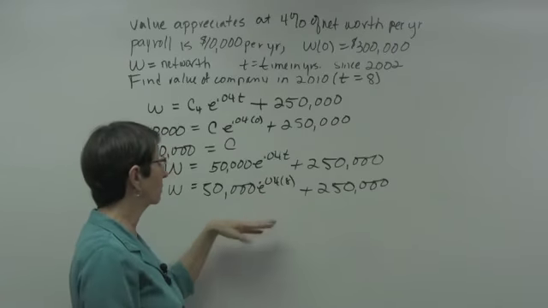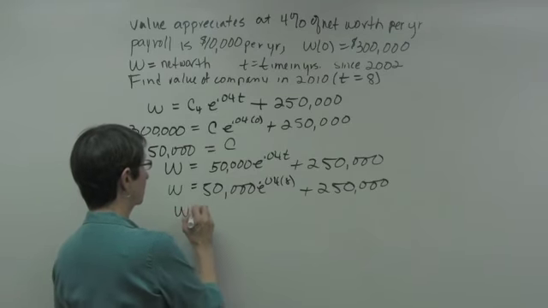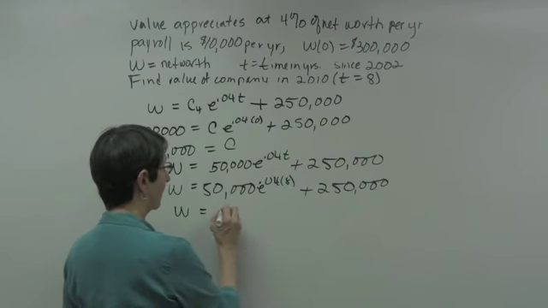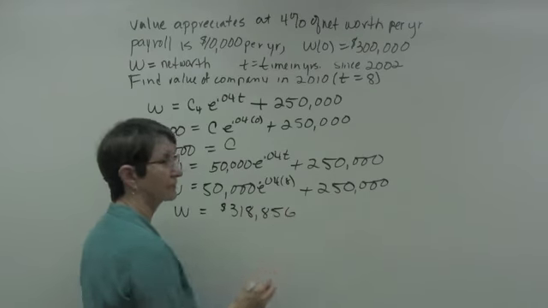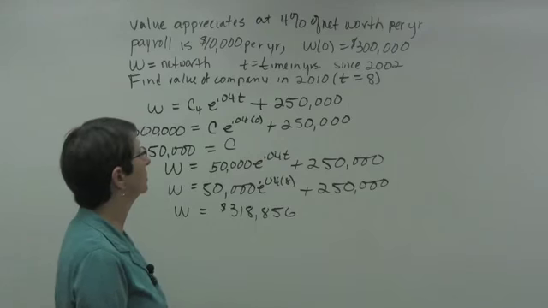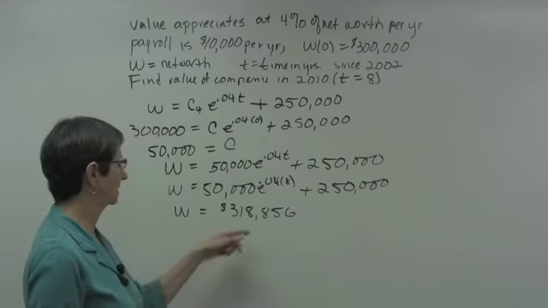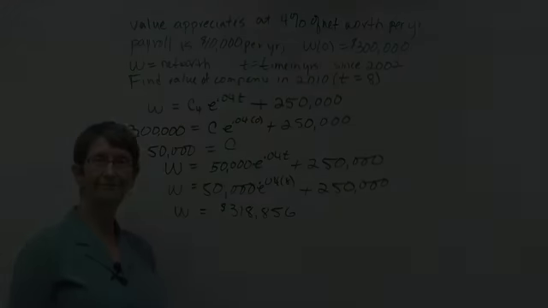So W, the net worth of the company in 2010, is about $318,856. So over 10 years, the net worth has increased about $18,000, almost $19,000. So this is the net worth of the company.